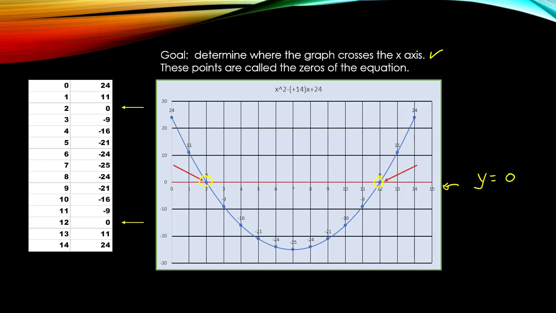Typically, we'd write the equation as x squared minus, in our case, I think it's 14x plus 24, and we would set that equation equal to 0.